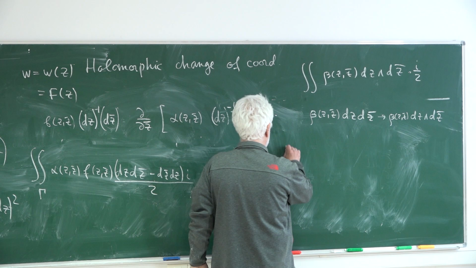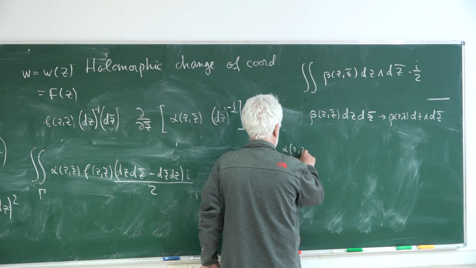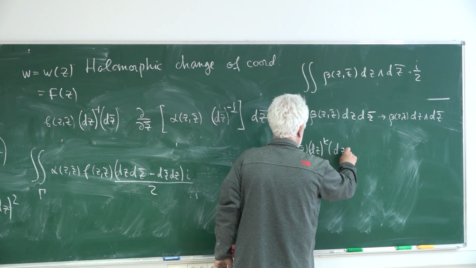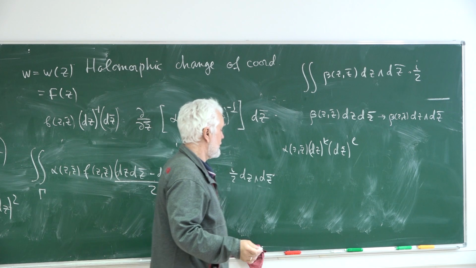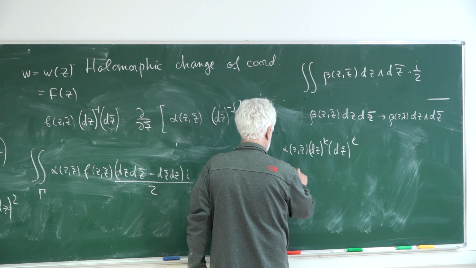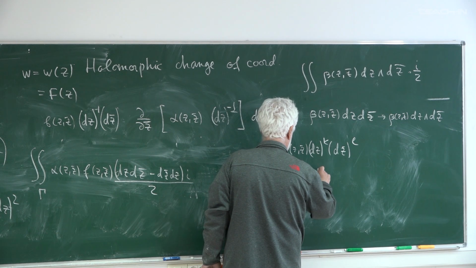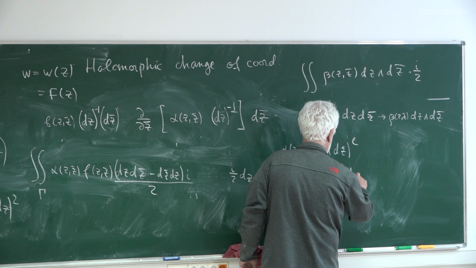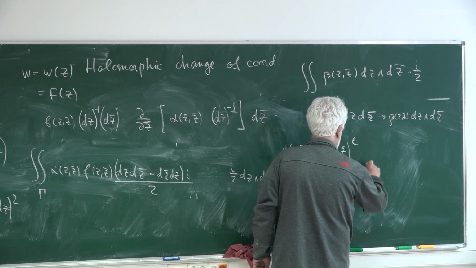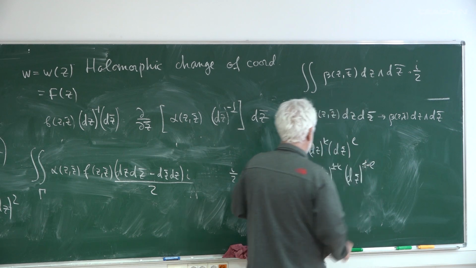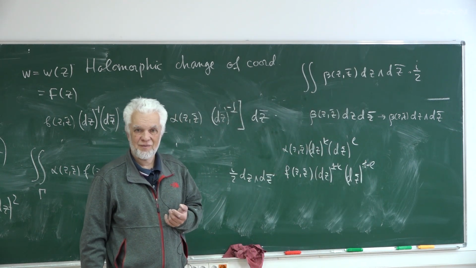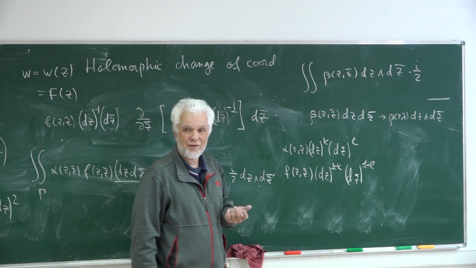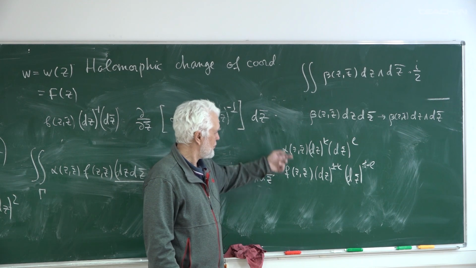Then, if you have a form alpha bar n, then the dual form will be f. You agree? Dual spaces. Because the product shall go this way.